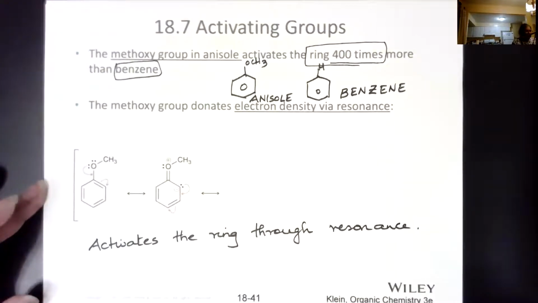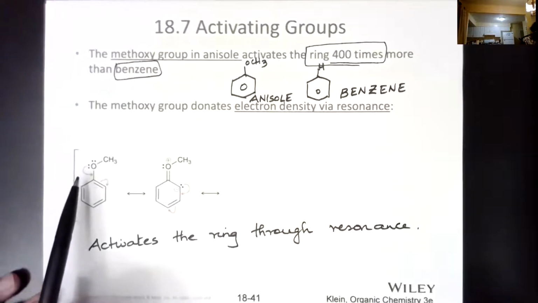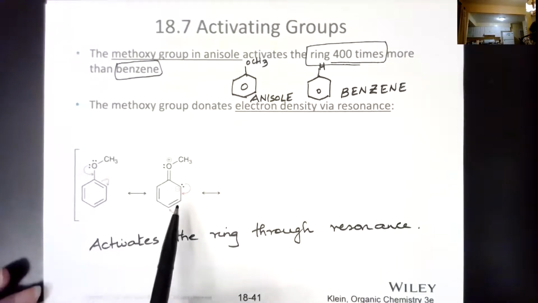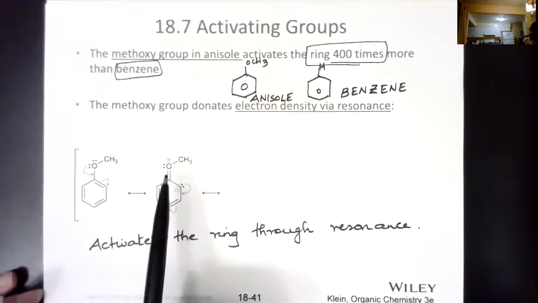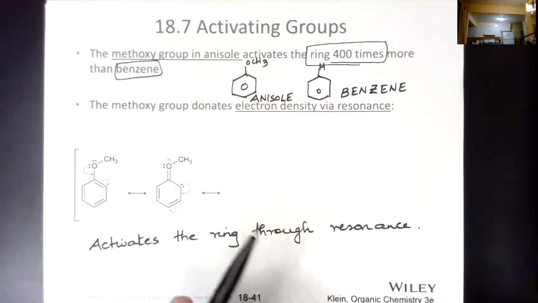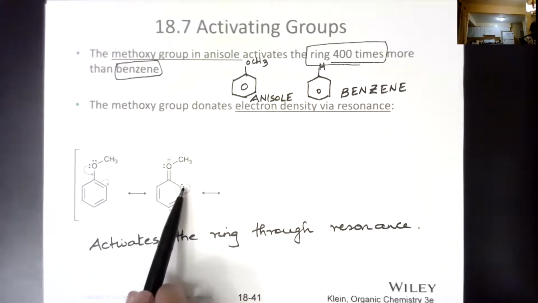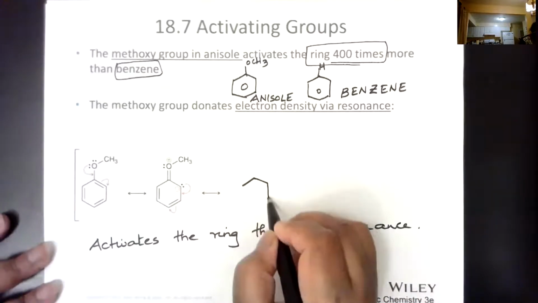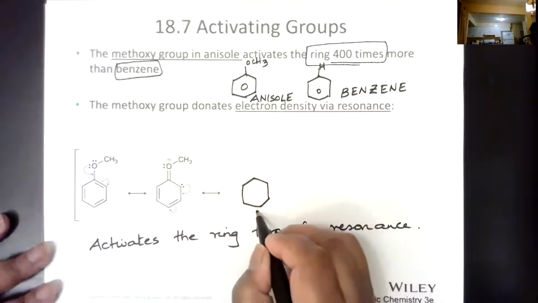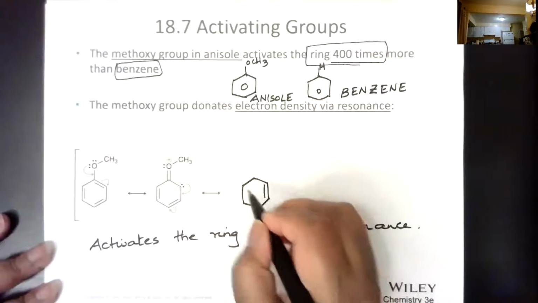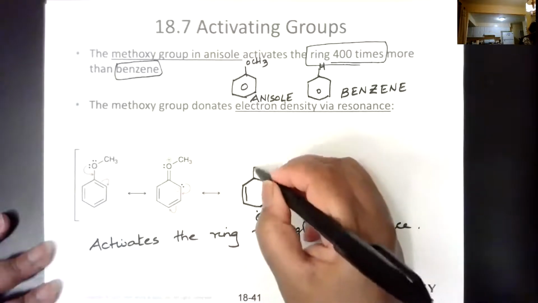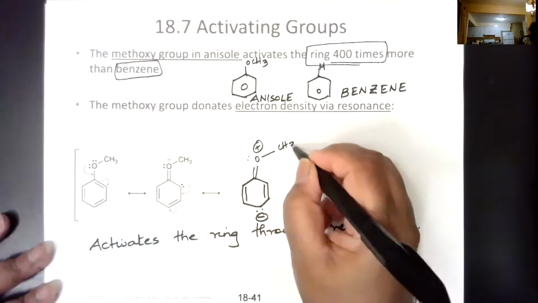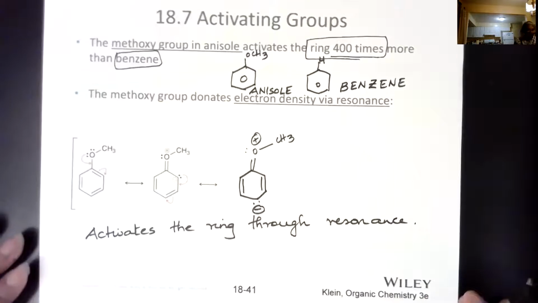All right. So the oxygen of the methoxy group has lone pairs, and you see how they've drawn the first resonance structure. Oxygen takes up the positive charge and gives its electron pair to the ring. And then we can draw more resonance structures. You have to practice drawing resonance structures because this chapter involves drawing resonance structures. Okay. And then you can draw one more.